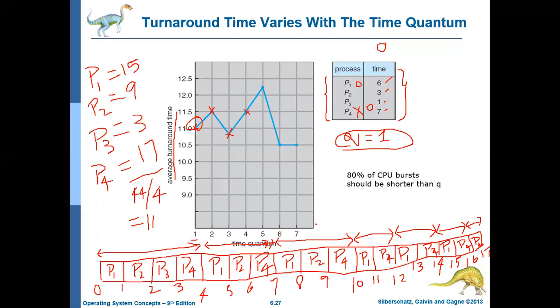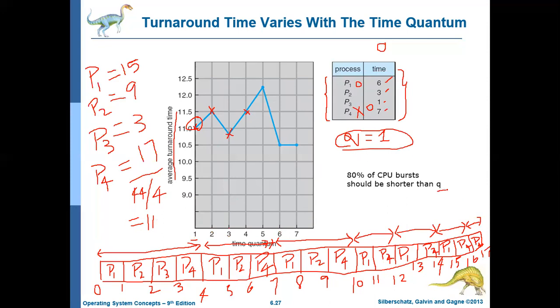I leave that as homework which you try to do and revert back. From this, what we can understand is that here there are so many context switches. So the Q value should not be too high and also it should not be too low.